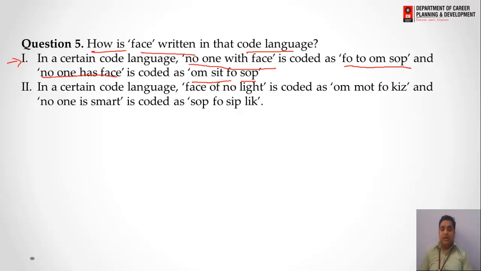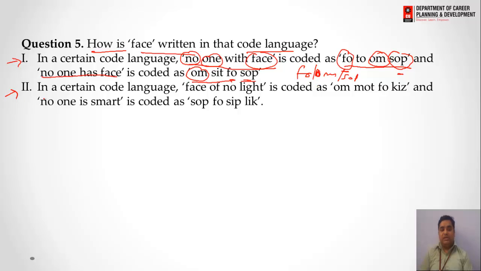Now FO, SOP and OM are common, hence we still don't know, because there are three words common, that is no, one and face. The answer is among these three codes, FO, OM and SOP, but which of these is the answer we still don't know.